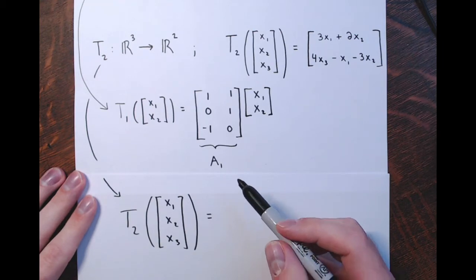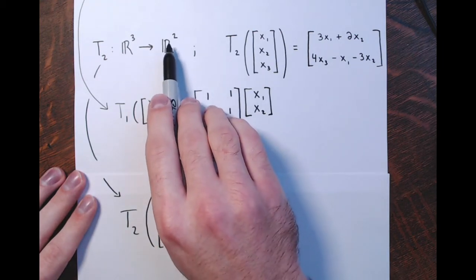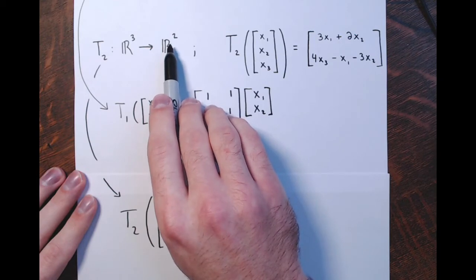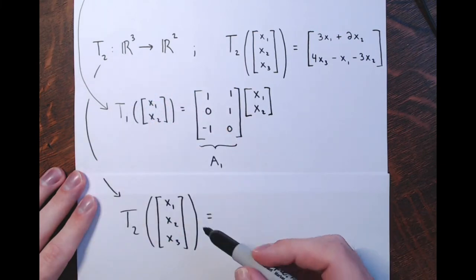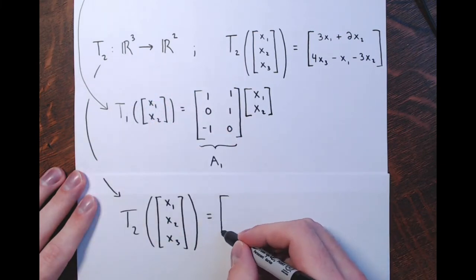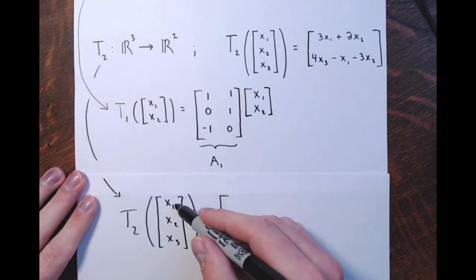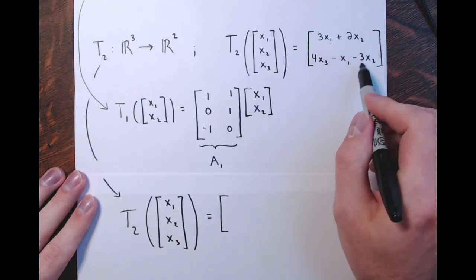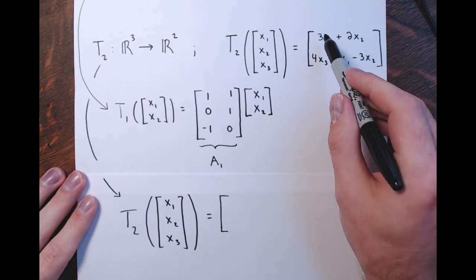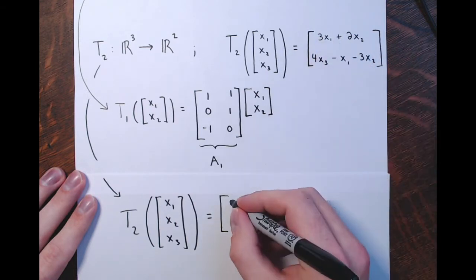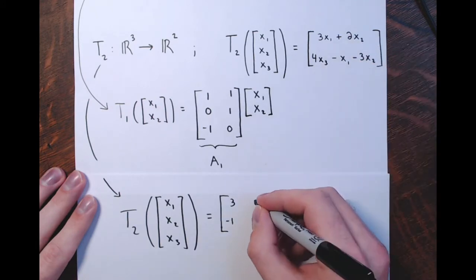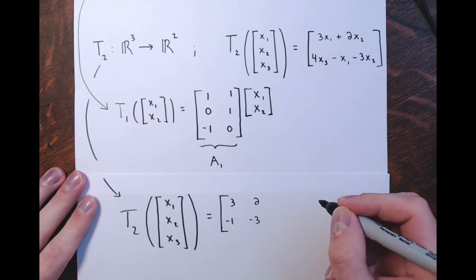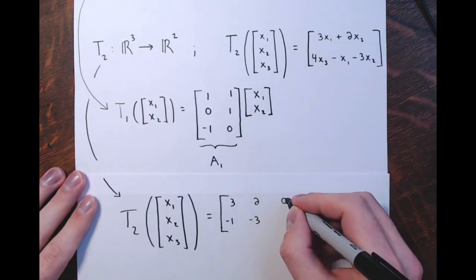The dimensions of the codomain will be the number of rows, so 2 rows. The dimensions of the domain will be the number of columns, so it'll be 3 columns. So I'll have a 2 by 3 matrix here, where down each column I'm going to put the coefficients of x1, x2, and x3 in these output components. So you see 3x1, negative 1x1. 2x2, negative 3x2, so 2, negative 3. And then no x3, so 0, and then 4x3.